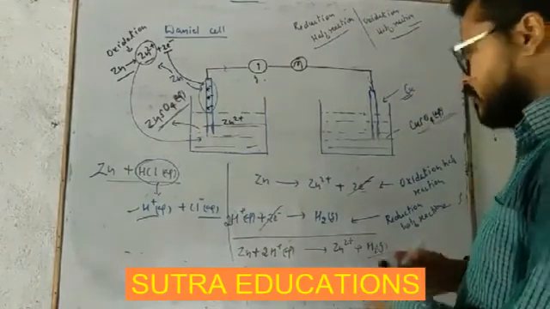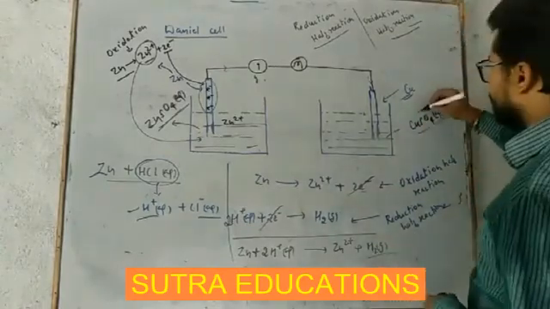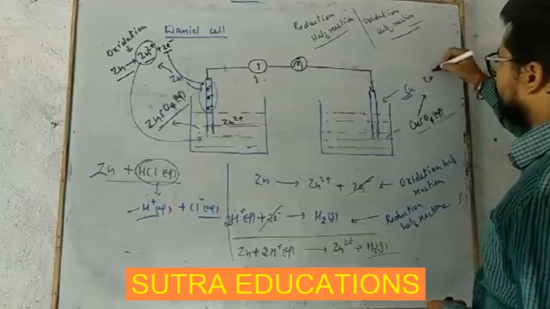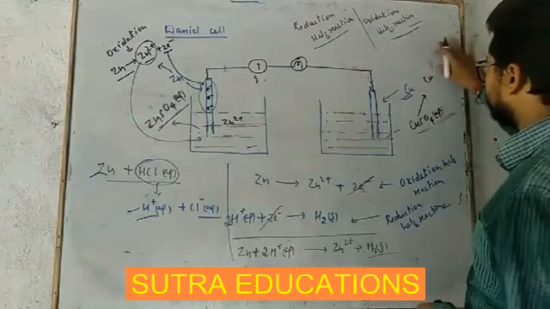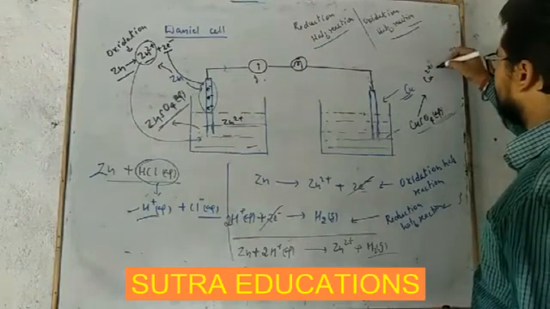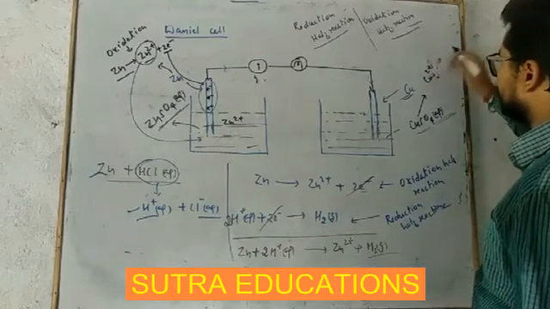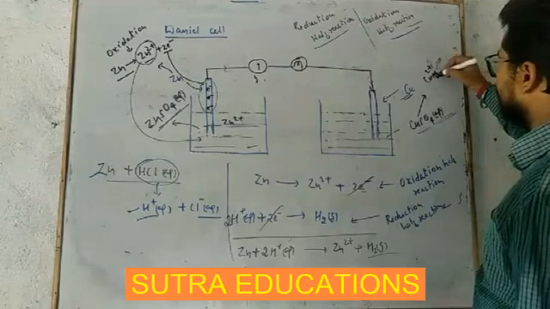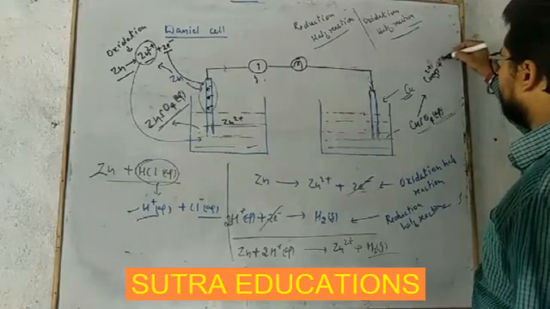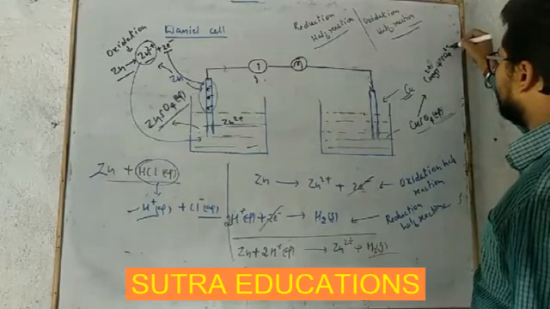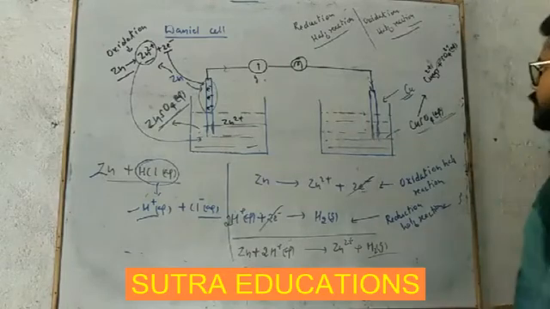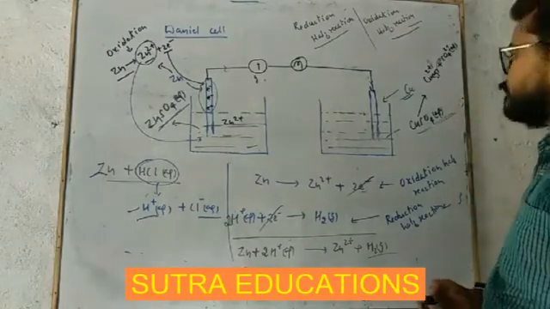Again here it is copper sulfate. So copper sulfate breaks into Cu2+ aqueous plus SO4 2- aqueous.